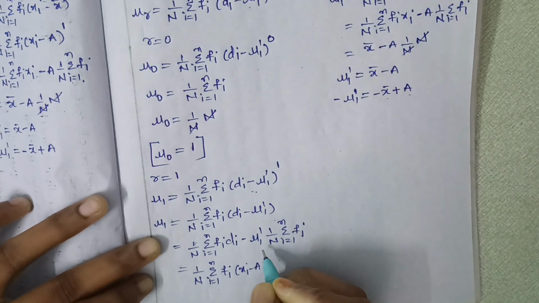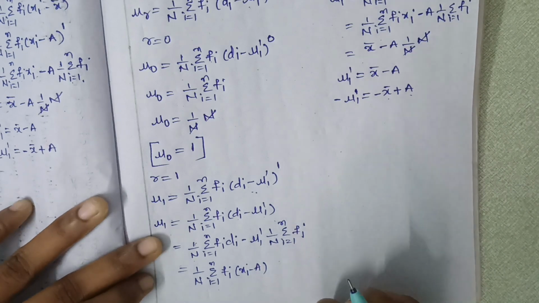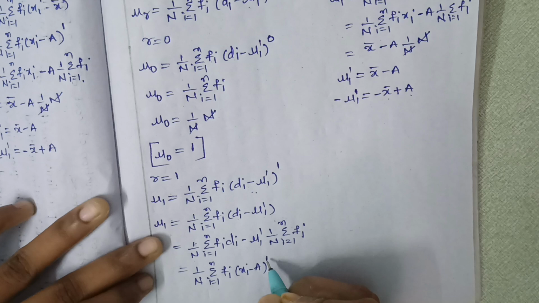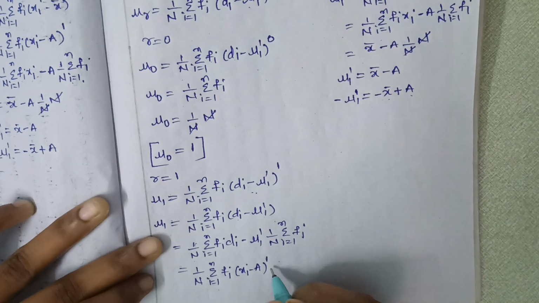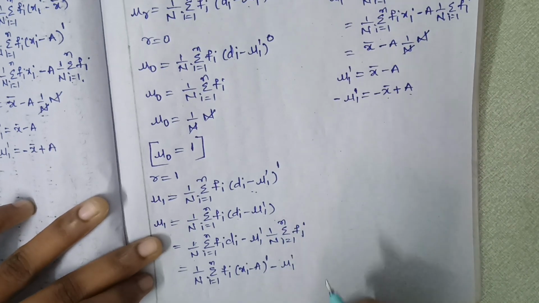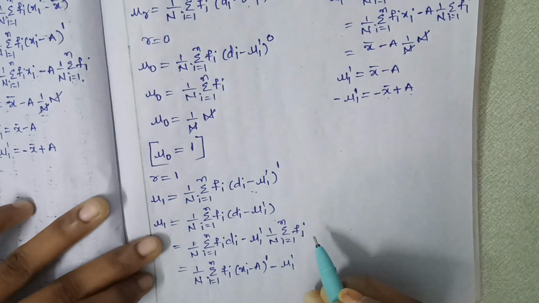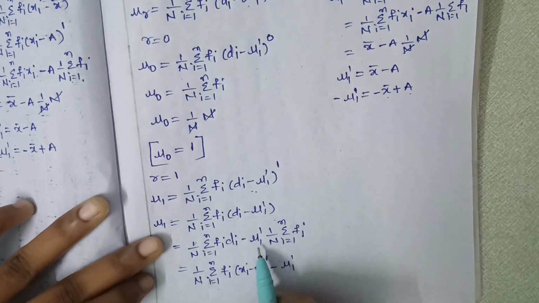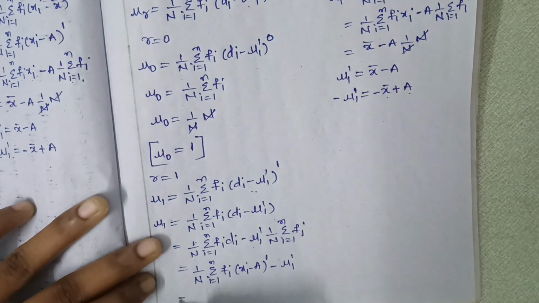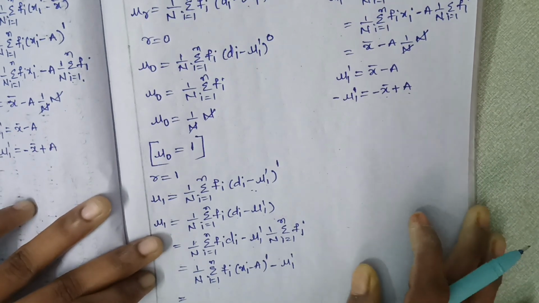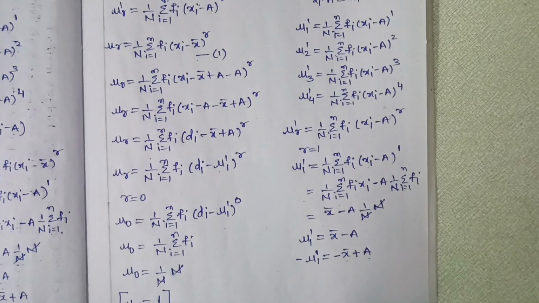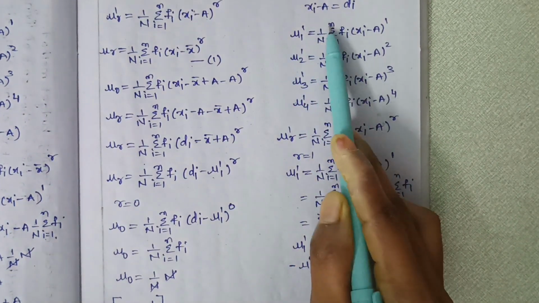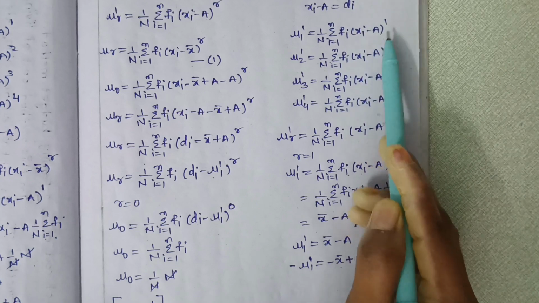If we keep the power of 1, or we don't keep it, the answer will be the same. Anything to the power of 1 is 1. Therefore minus mu1 dash, and summation fi is N. So we get capital N, and capital N cancels, and we get mu1 dash. So once you see the formula here, mu1 dash is 1 by n summation i equals 1 to n fi into (xi minus a) whole to the power of 1.